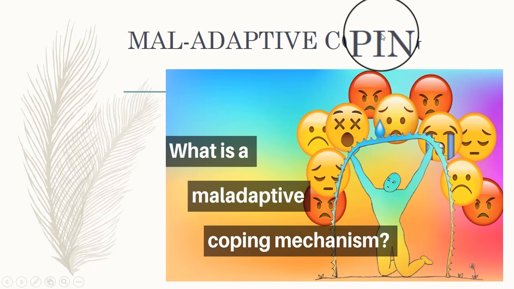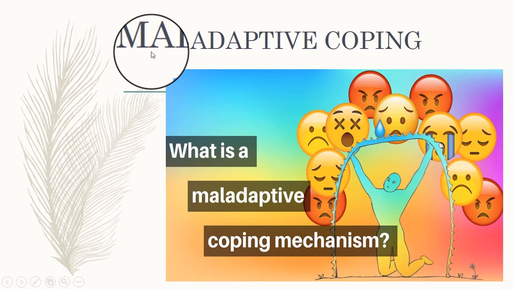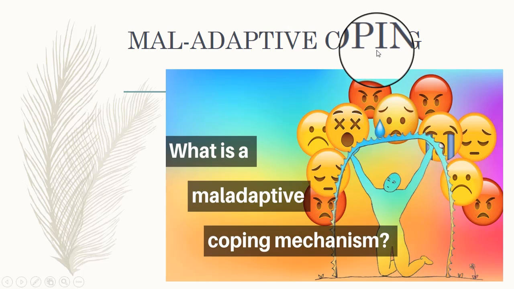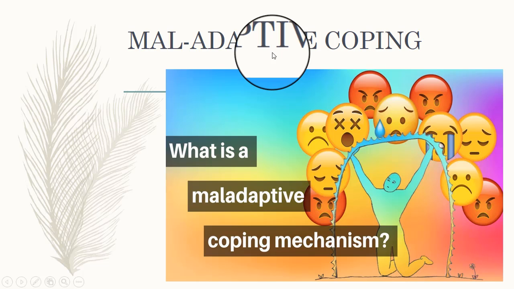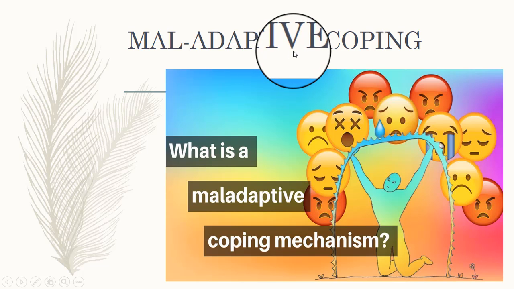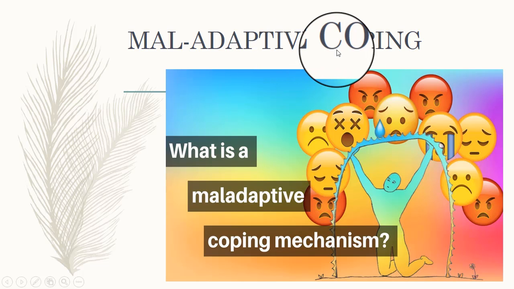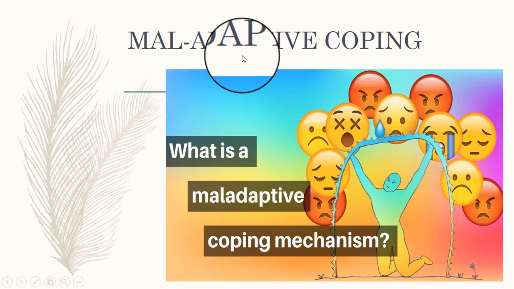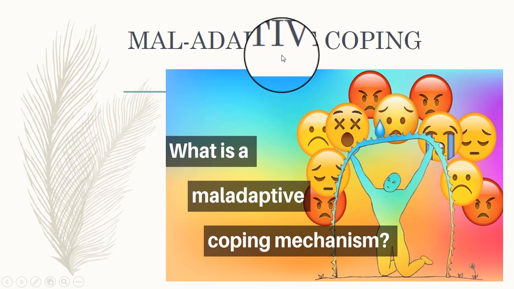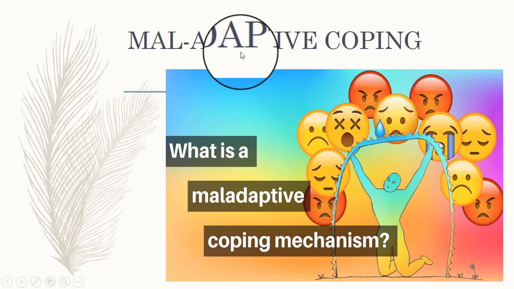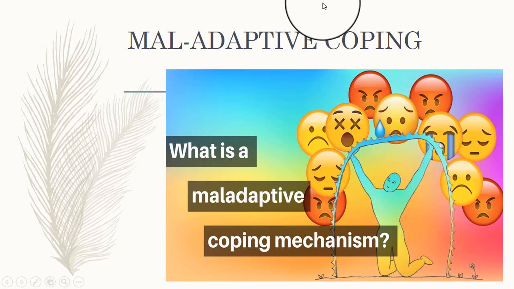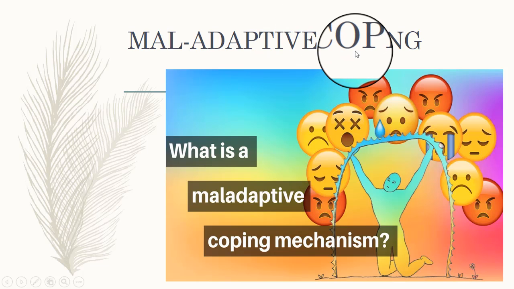Maladaptive coping mechanisms can rely on outside substances such as food, alcohol, cigarettes, coffee, that is caffeine, pharmaceutical drugs, allopathic drugs, and recreational drugs, or they may be more behavioral.